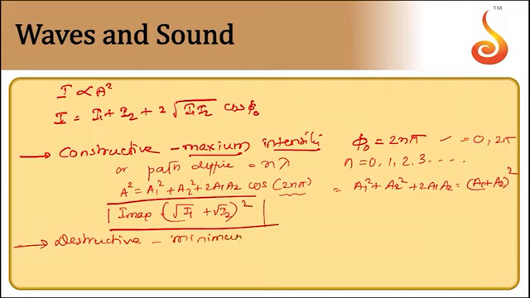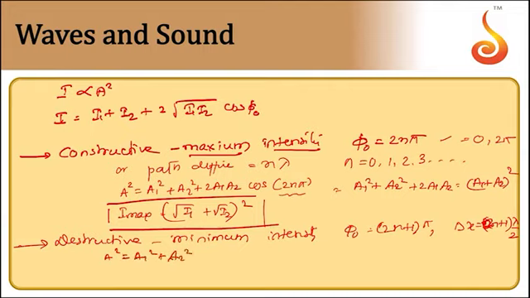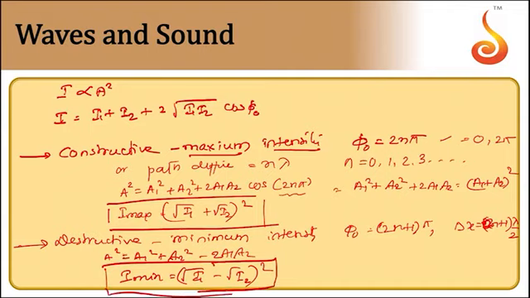So for minimum intensity, phi naught is equal to 2n plus 1 into pi, or path difference delta x is 2n plus 1 into lambda divided by 2, n is 0, 1, 2, 3, etc. And the equation becomes A square is equal to a1 square plus a2 square minus 2a1 a2, and I minimum therefore becomes root I1 minus root I2 whole square. So this is the minimum intensity.